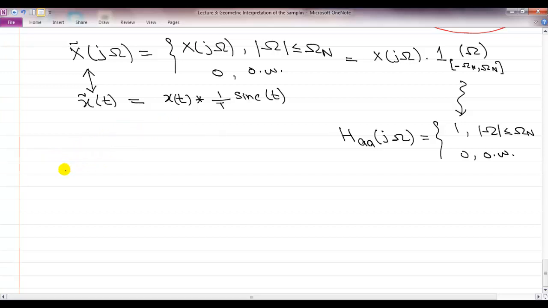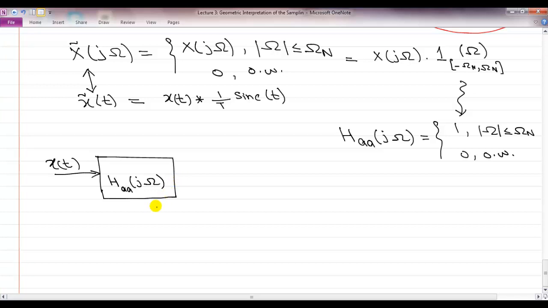So the way you want to do your filtering is you get your x of t, you pass it through an ideal low pass filter H_AA of j omega, which has a cutoff frequency of omega s by 2.